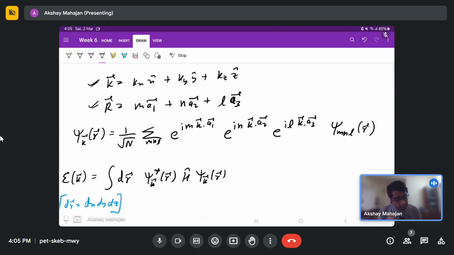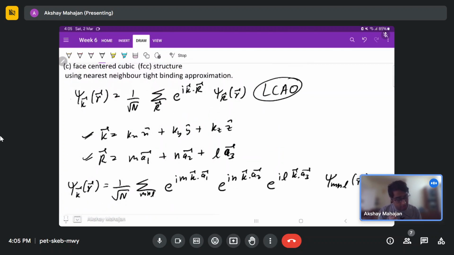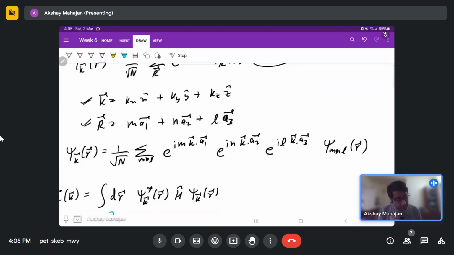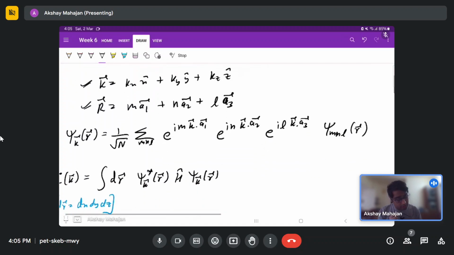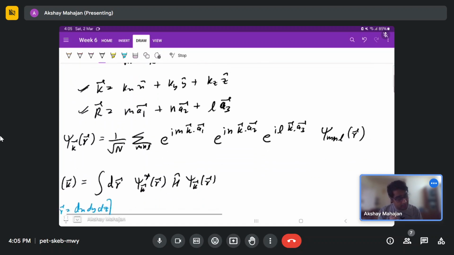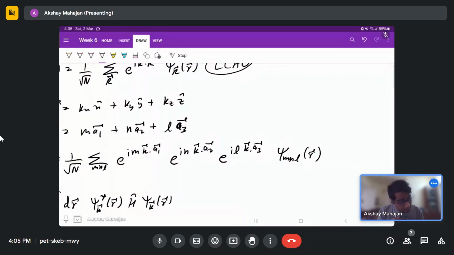From there we calculated our wave function psi. If we do k vector dot R vector, it will be k vector dot a1 vector, k vector dot a2 vector, k vector dot a3 vector, times the wave function of the atomic orbitals, which will be denoted by m and l.